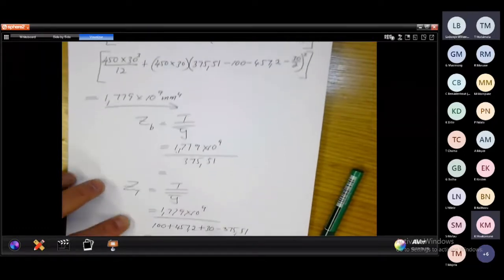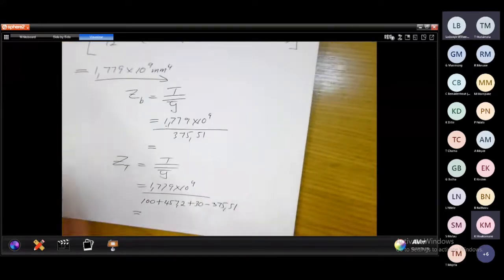And then you get the answer for me. Right, then tell me what is the answer for these section modulus from the bottom and from the top.